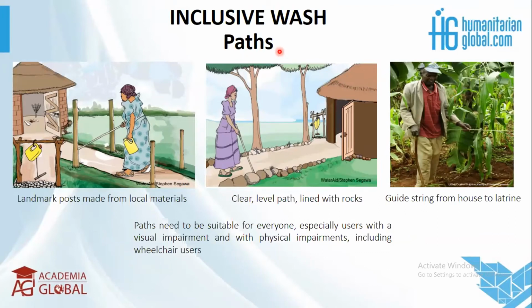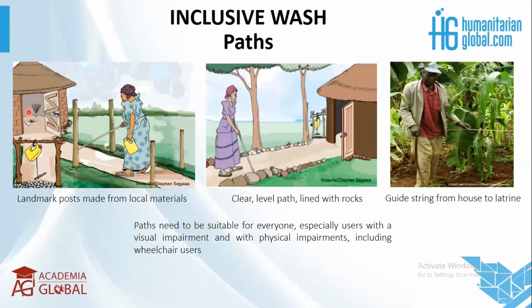Paths should be really suitable for everyone, and particularly users with visual impairment, maybe with physical impairments, or also people who are wheelchair users. So these are just examples. If you look at this first picture, this is someone who is visually impaired and should be able to access a sanitation facility.